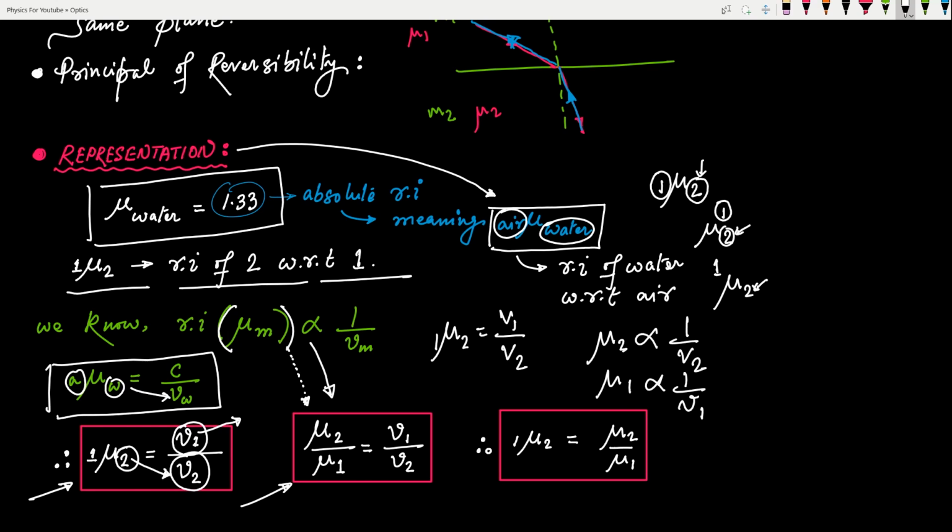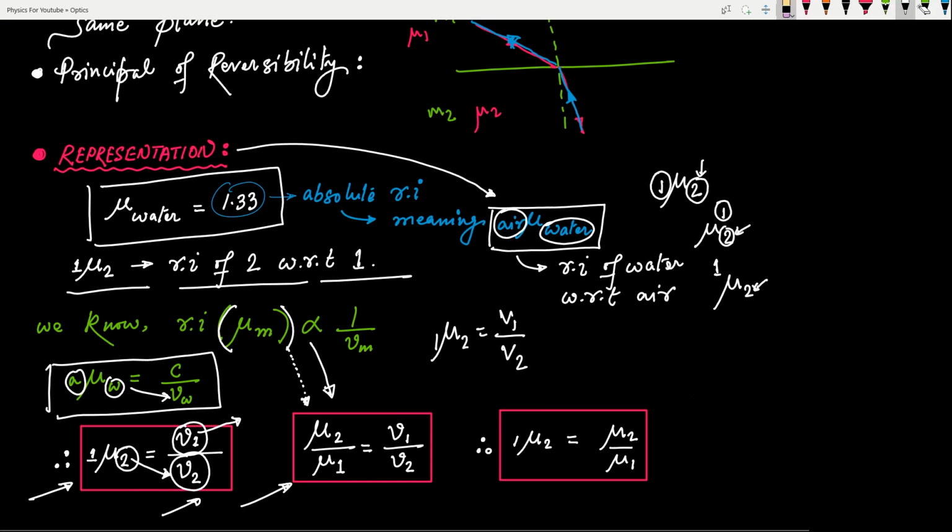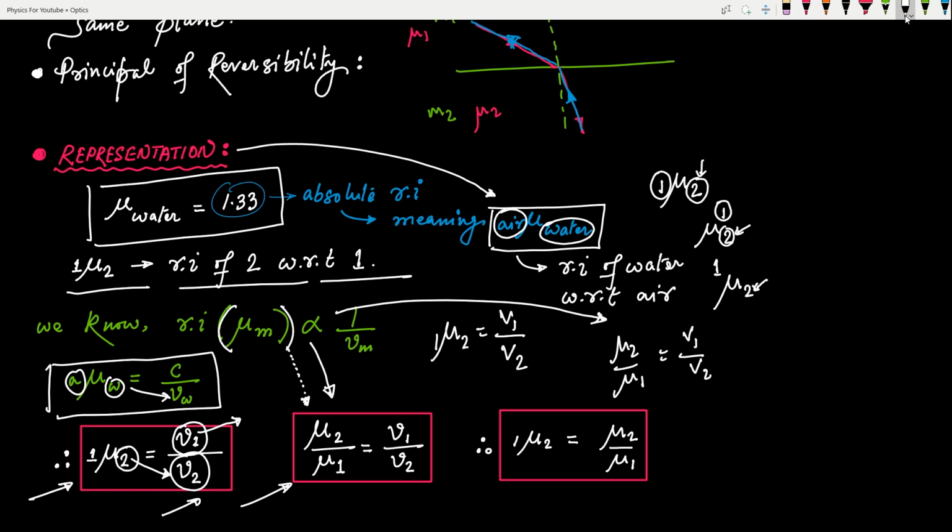So if we take that v1 by v2 from the earlier box, we can write this as mu2 by mu1, isn't it? From this concept, that is mu is inversely proportional to velocity. So you got the second box, that mu2 by mu1 is equal to v1 by v2.